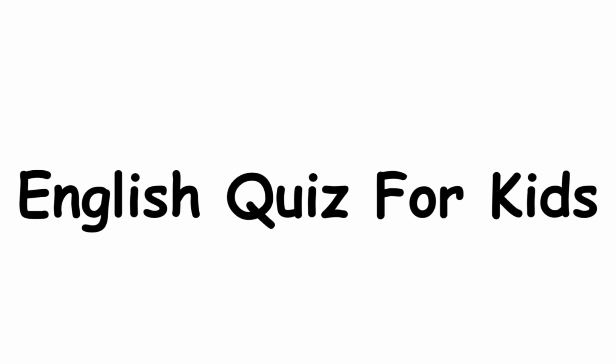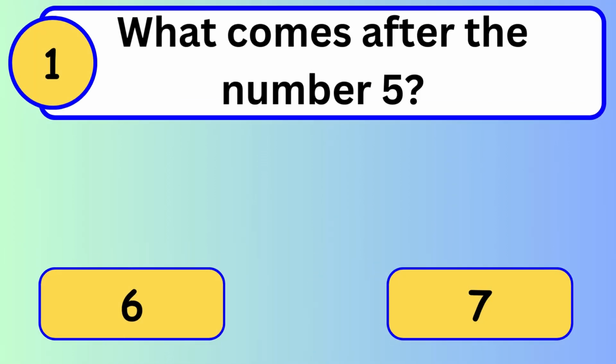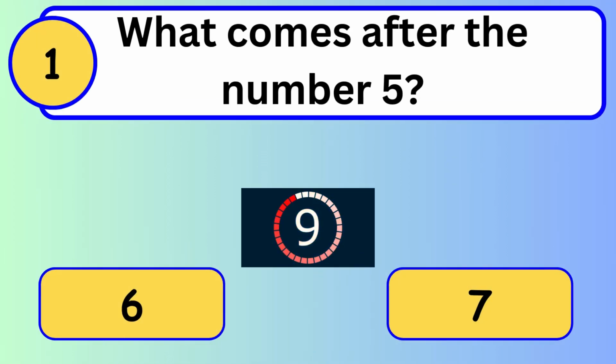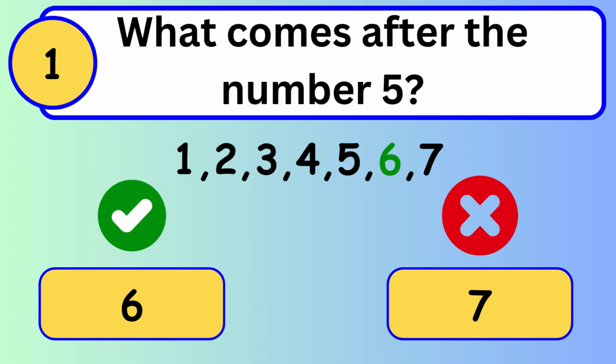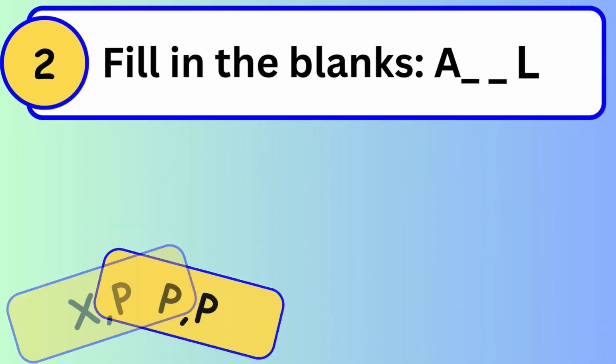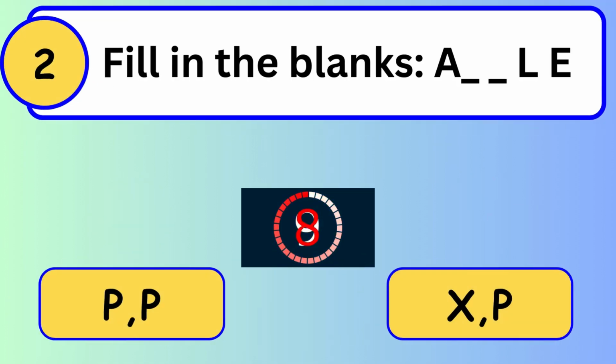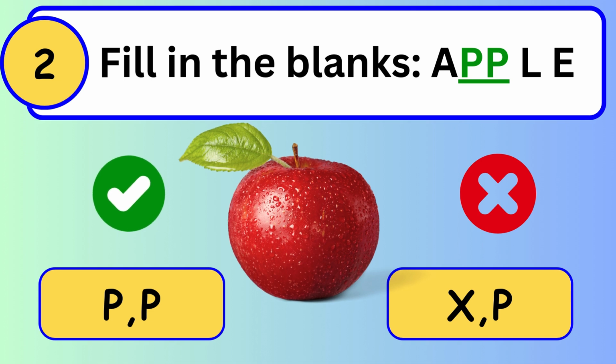English quiz for kids. What comes after the number 5? Six. Fill in the blanks. Apple.